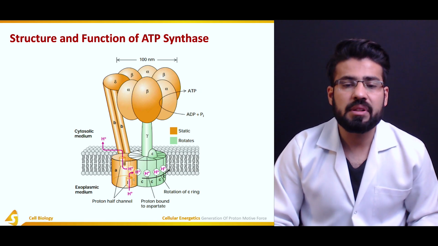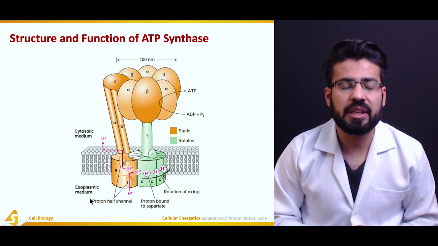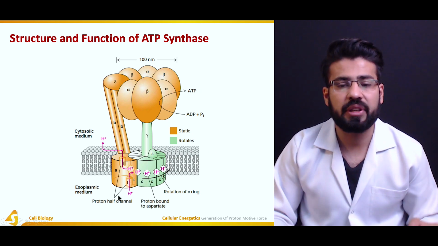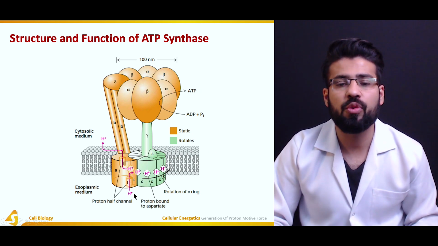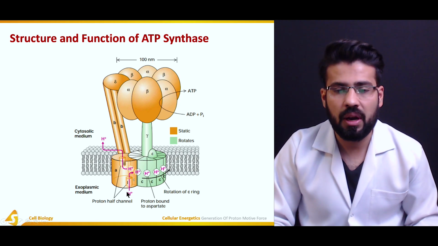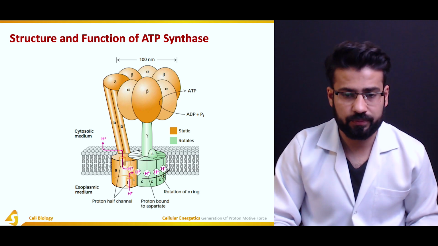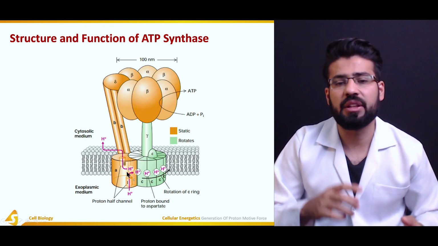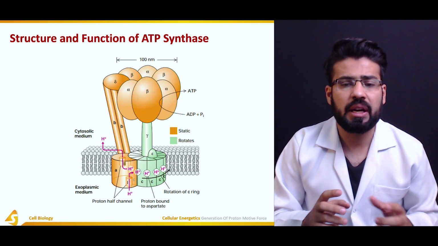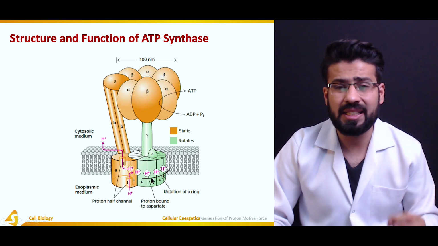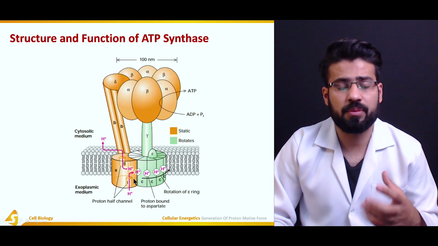So the proton half channels: there are 2 half channels for protons in the A subunit of the F0. The protons are going to move through the proton half channel and bind with the aspartate 61 portion. This results in the movement of the proton through this section of the F0, the C subunit, because it can rotate.